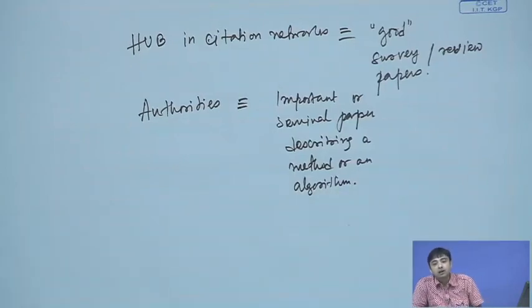In other words, the paper which describes the shortest path algorithm by Dijkstra would be an authoritative paper, whereas survey papers on the subject of graph theory which refer to papers like that of Dijkstra would be examples of hub nodes, in the context of the citation network.